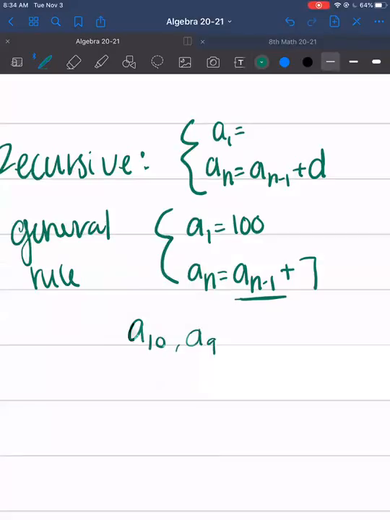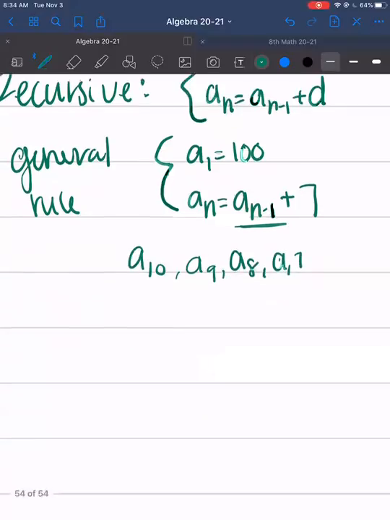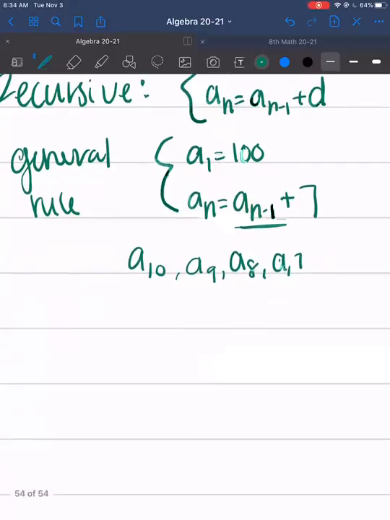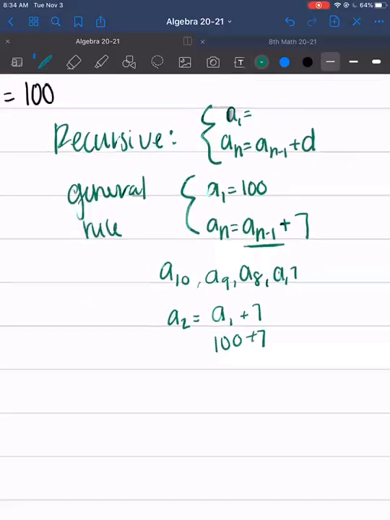Well, to find A sub 9, what am I going to need? A sub 8, A sub 7. So we know what A1 is. So A2 equals A1 plus 7, so that would be 100 plus 7. You can go on and on.